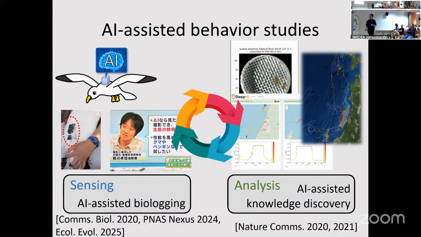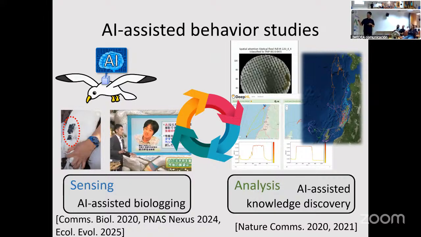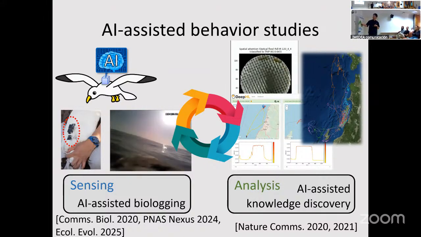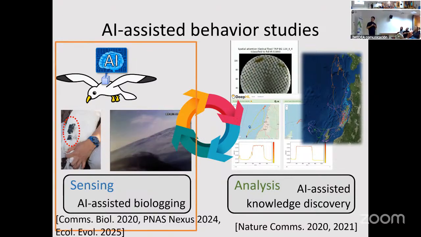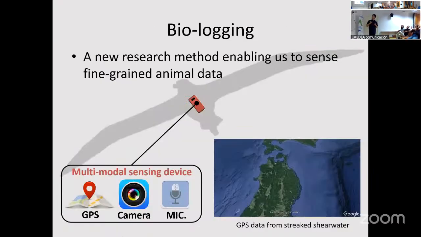And so, first, I'd like to introduce the sensing part, AI-assisted biologging. As you know, biologging is a great research method enabling us to sense fine-grained animal data.